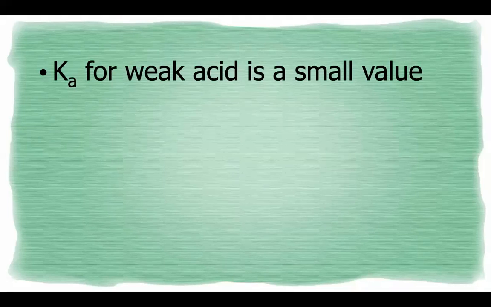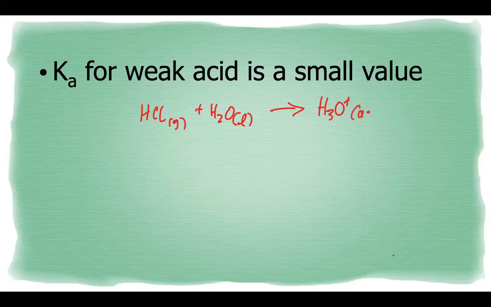Ka for a weak acid is a small value, which makes sense if you think about the concentration of acids in general. Let's see, we've got HCl plus H2O gives H3O plus and Cl minus.